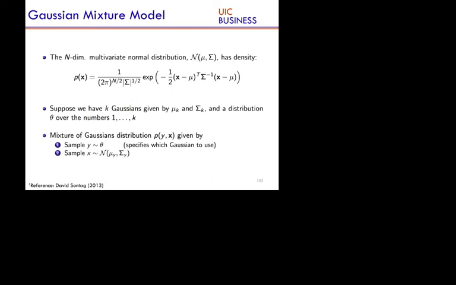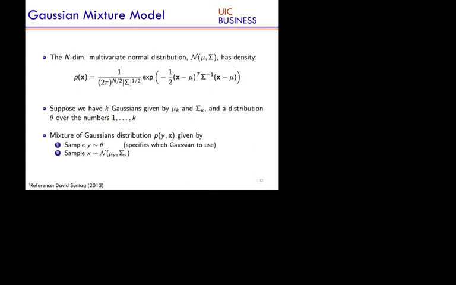I should have written that incorrectly, but you can make it out. This is just a normal distribution, given that I pick one of the mixture components.